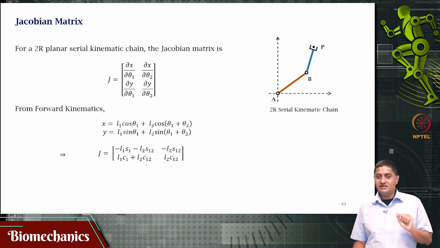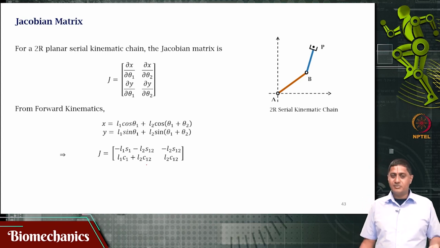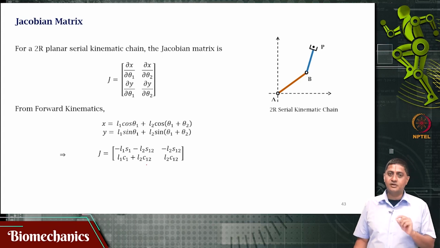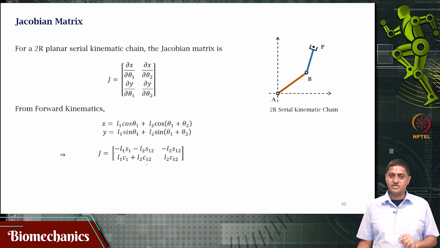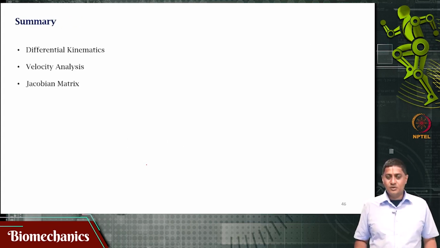Anyway, the point is that if I had a 2-link planar kinematic chain whose endpoint velocities are known to me, I could compute the joint angle velocities simply by finding the inverse Jacobian. That is straightforward. So with this we come to the end of this video. In this video, we saw differential kinematics, in particular the kinematics of a two-link serial kinematic chain, finding the end point velocity as a function of the joint angle velocity.